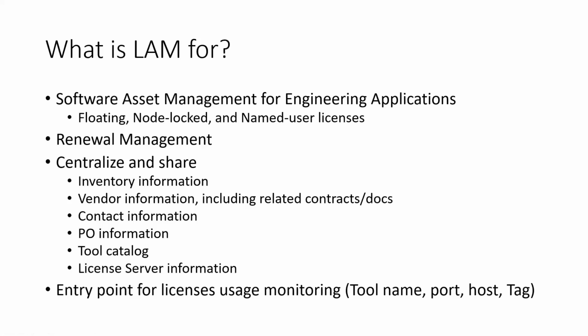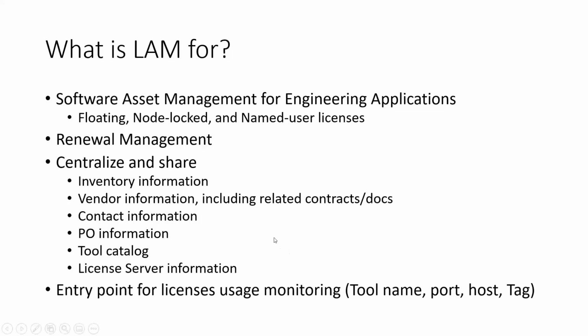And then it's a place where you can centralize and share information about your floating license servers, where they're located, the type of server, who's responsible for it, sysadmin, that kind of information. And then it's also an entry point for license usage monitoring. So if you're going to be tracking usage on your floating licenses, you need to come to the LAM side to put in the tool name, the port, the host, and the tag, which you're already familiar with.